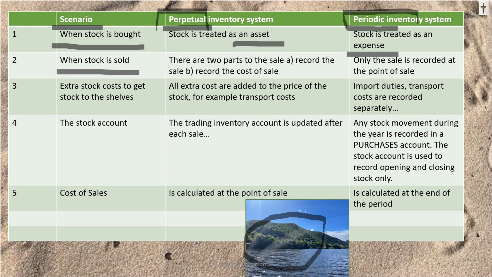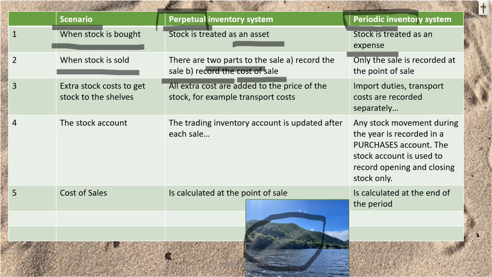When stock is sold, there are two parts to the sale. Part A, recording the sale, and Part B, at the point of sale, recording the cost of sale. What I'm saying now is not going to make too much sense, but I'm going to go through each scenario and work through a transaction with regard to each scenario.